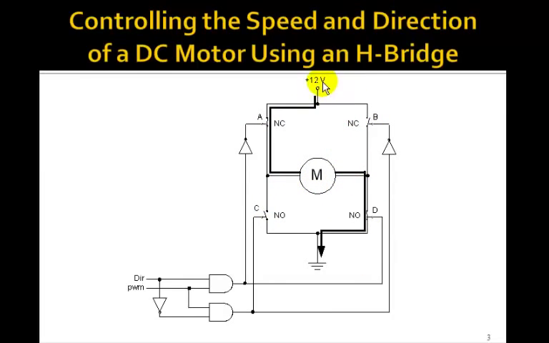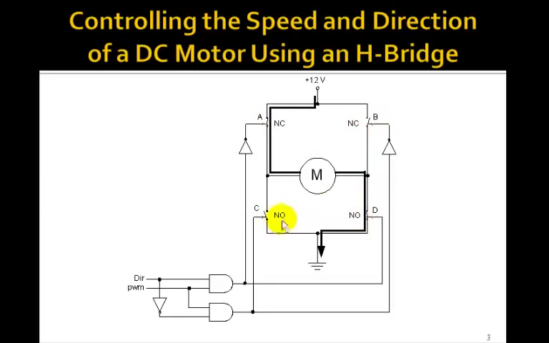Here I show 12 volts going across the motor, and this circuit will control the direction and the speed by putting the PWM signal in here. So suppose the direction is high and PWM is high, the output of this AND gate would be 1. This inverter makes it 0. I show a normally closed relay here, a normally closed relay here, normally open here, normally open here.